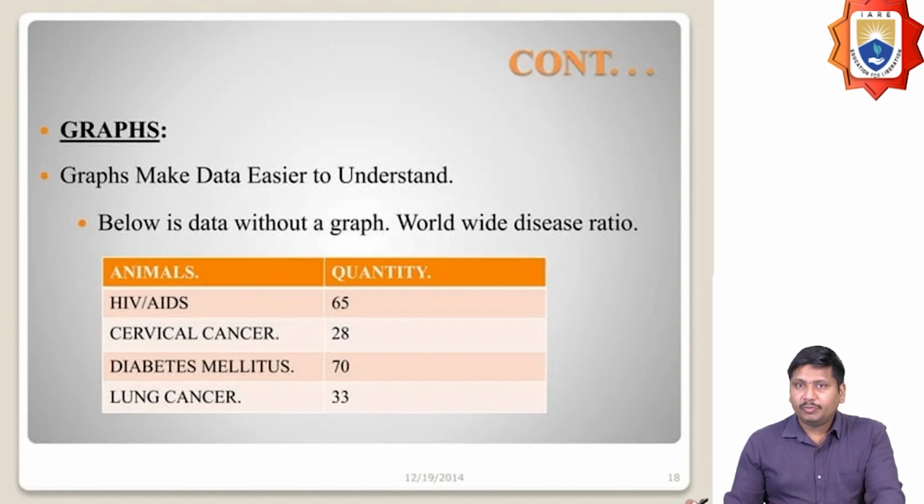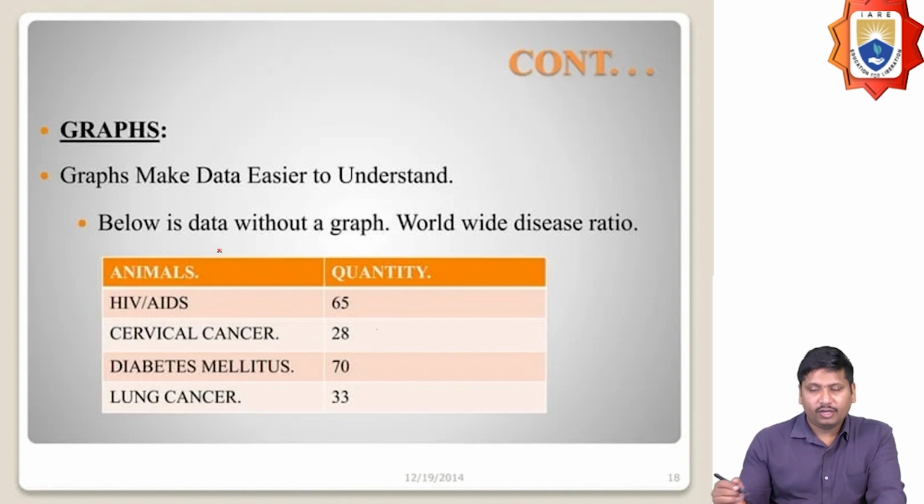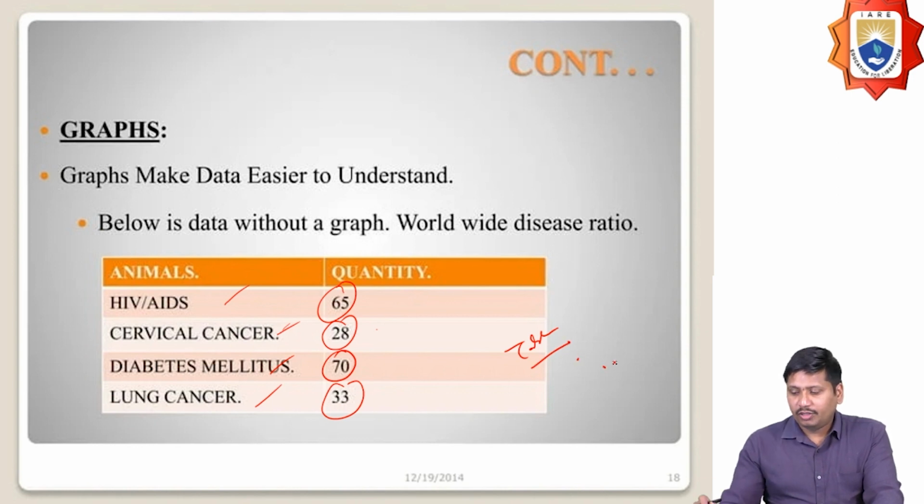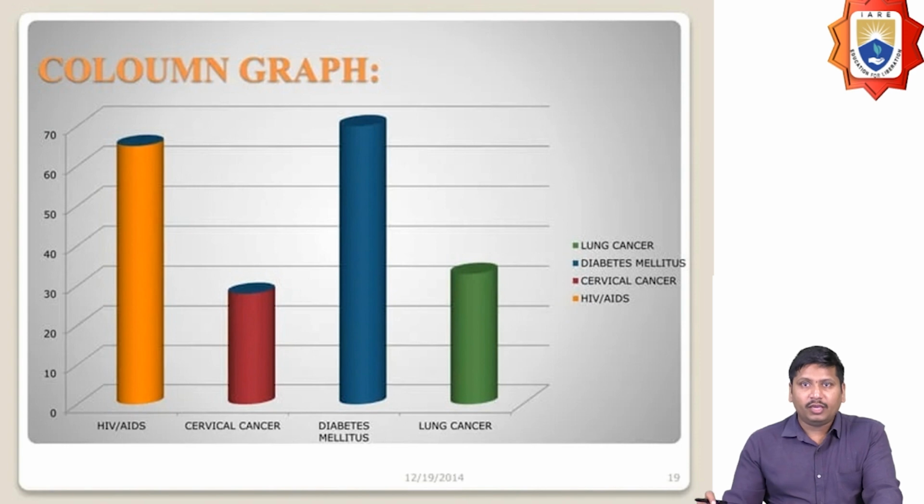So below is the table with the data, and I am calculating the worldwide disease ratio. If I represent this data in the form of a table, taking AIDS and the cancers I am getting and the quantity of each, I am representing it in the form of a table. But if I represent it in the form of a graph, how will it be?